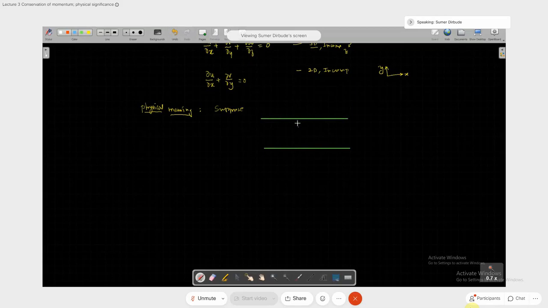Suppose this is x, and this is x plus Δx. Similarly, I take y and y plus Δy. So essentially, I'm looking at this particular cell.